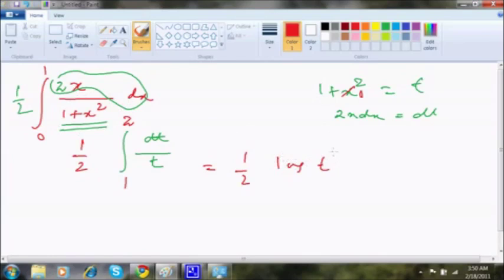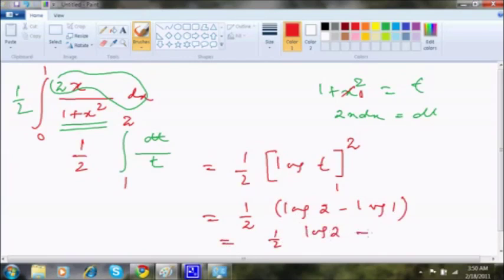Okay, so this is log t. So this is 1 by 2 times (log of 2 minus log of 1). Log of 1 is 0. This is 1 by 2 log of 2. It's the answer.